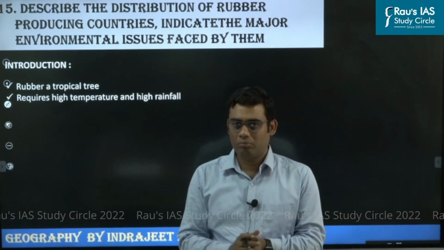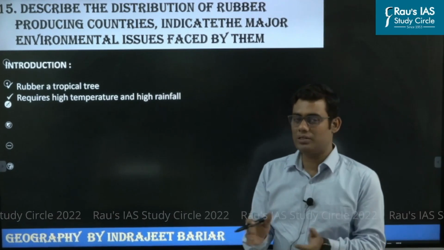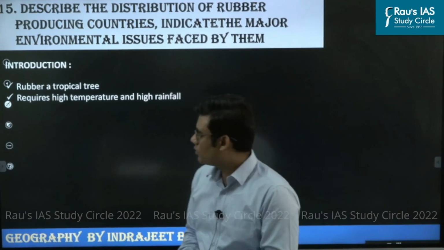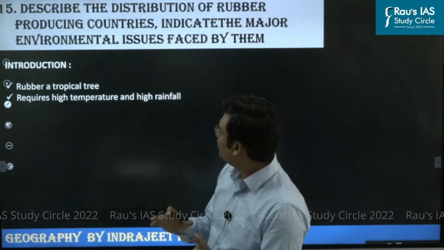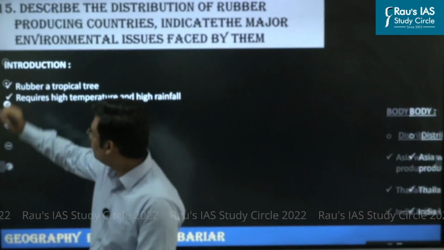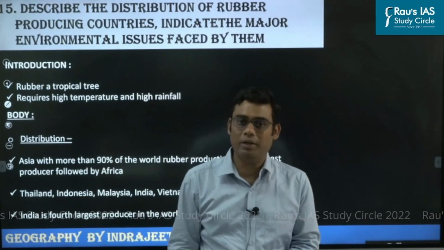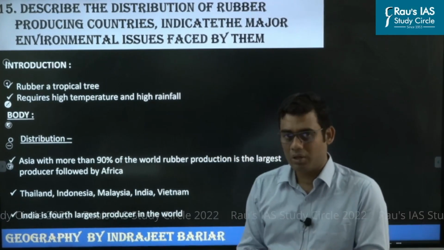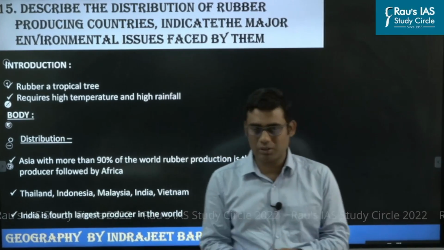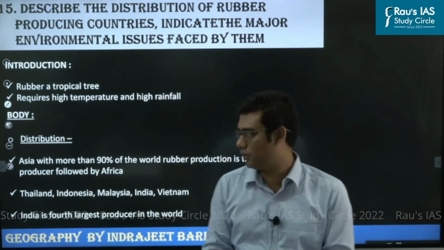From these conditions, if you think of the countries where rubber is grown, the majority are concentrated in the tropical region, of course, along with high rainfall. Southeast Asia is the most important region over here.